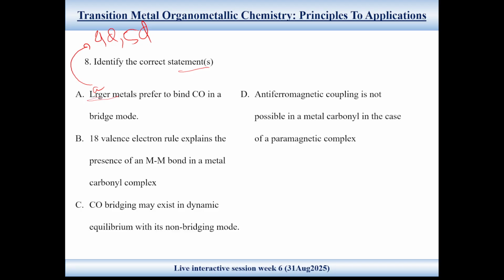Statement B: the 18 valence electron rule explains the presence of a metal-metal bond in a metal carbonyl complex.